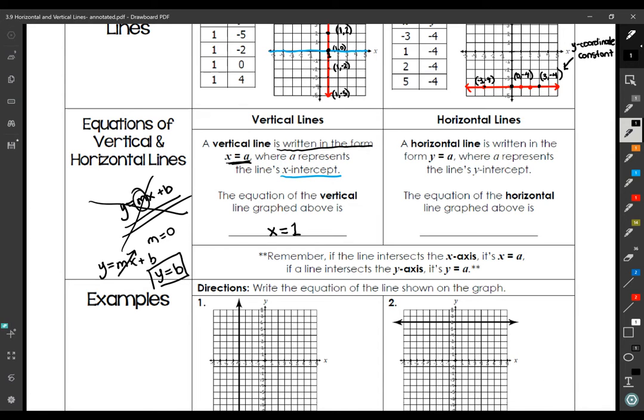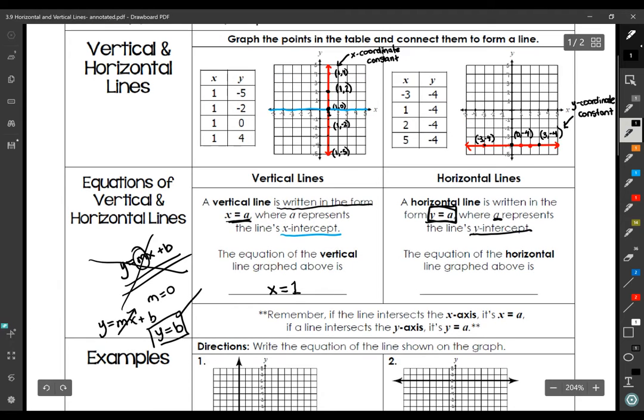That's essentially what we have here: y is equal to some constant, some number, where b is our y-intercept. So the equation of this line is simply going to be y is equal to -4, because every single point on that line will have a y coordinate equal to -4.